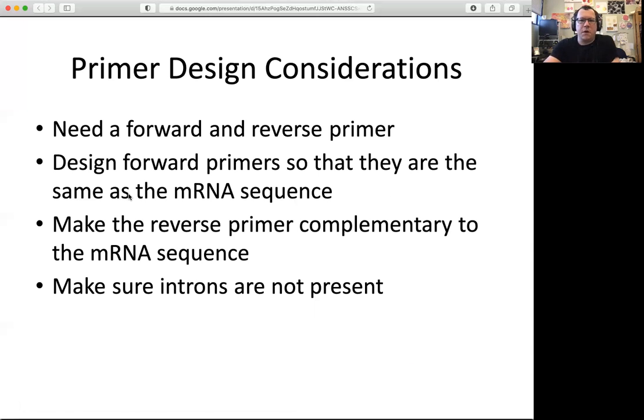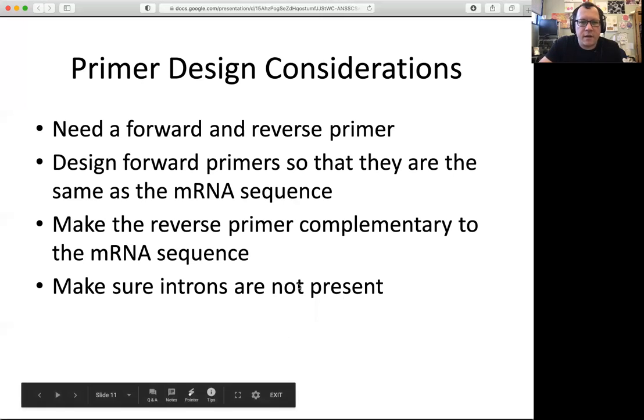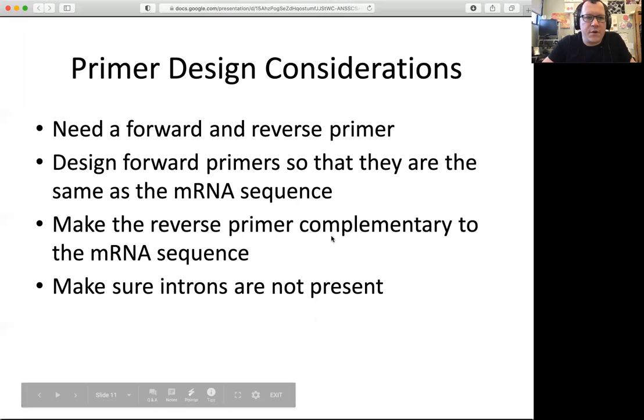Okay, and so this week I'm also going to have you design primers. You're only doing one actual PCR, but I'm going to walk with you through primer design. With all primers, you're going to need a forward and a reverse primer. When we're looking at a messenger RNA sequence, we're going to pull sequences out of that messenger RNA sequence that we decide are going to be good primer sequences. When we find those, the forward primer is exactly the same as the sequence that we're looking at.